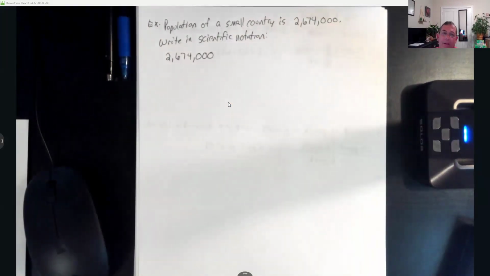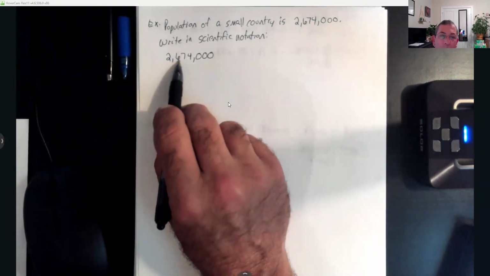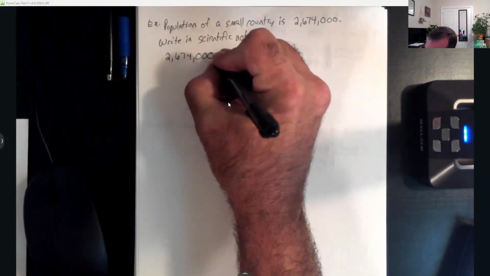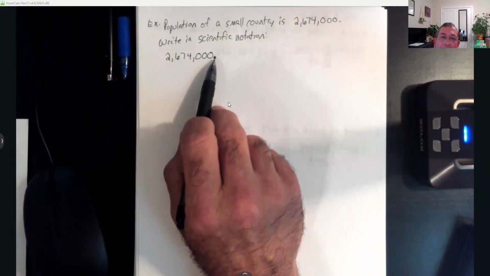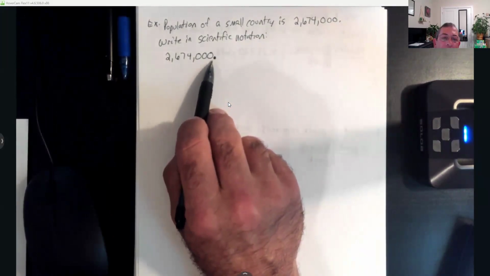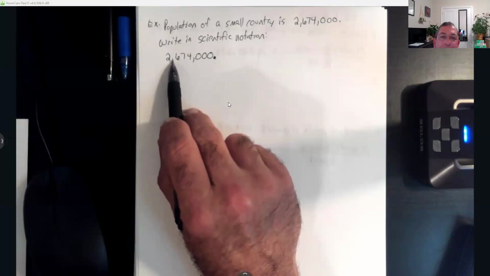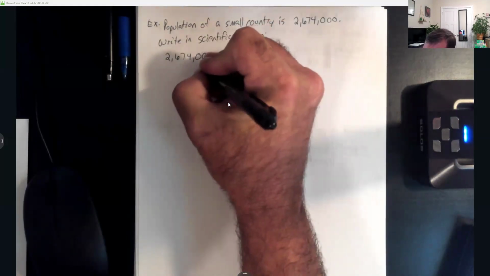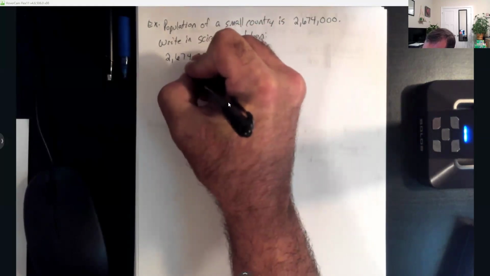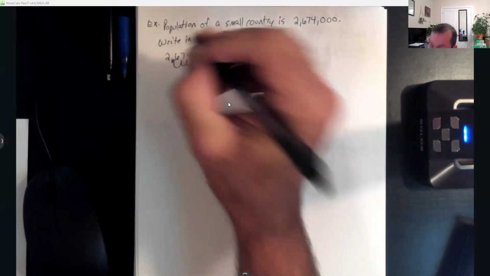Now, to write in scientific notation, we got to move the decimal. When you don't see a decimal on the number, you assume it is at the very end, okay? You move this decimal left until you get behind the first non-zero number. So look here, that's once, twice, 3 times, 4 times, 5 times, 6 times.